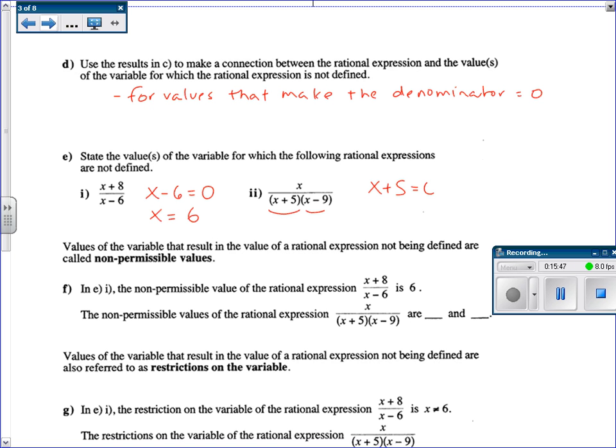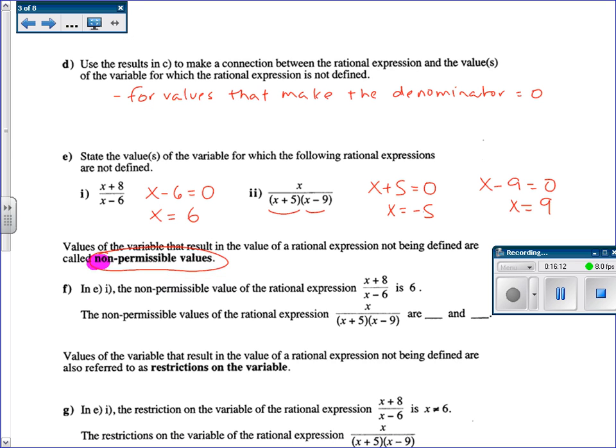So x plus 5 equals 0. So when x is -5, the denominator is 0. And x minus 9 equals 0. So when x equals 9, the denominator is also equal to 0. So values of the variable that result in the value of a rational expression not being defined are called non-permissible values. Okay? Those are non-permissible values. Here, I'm going to highlight that.